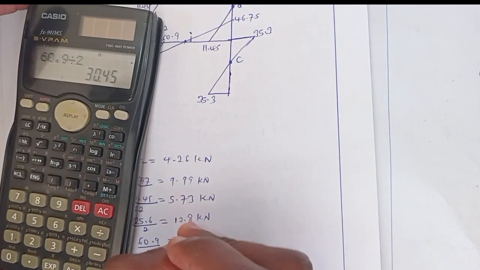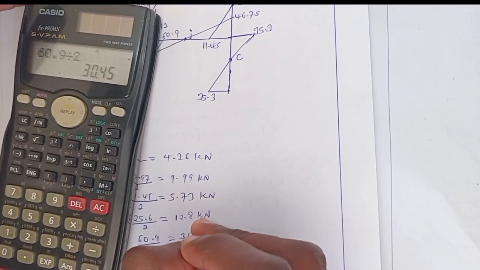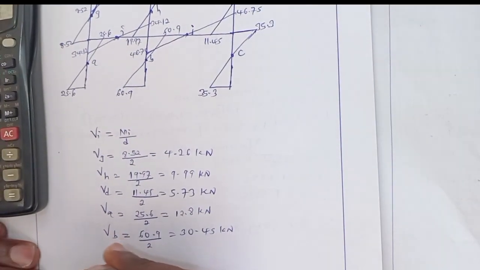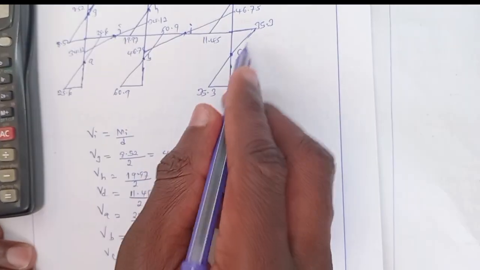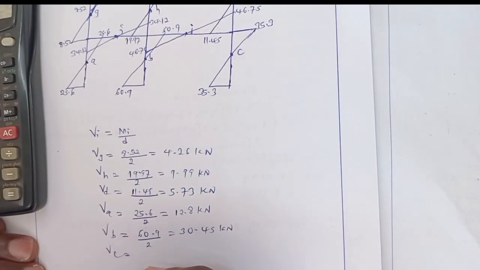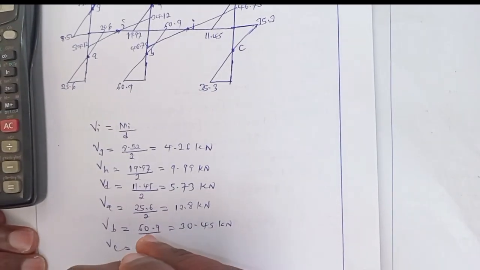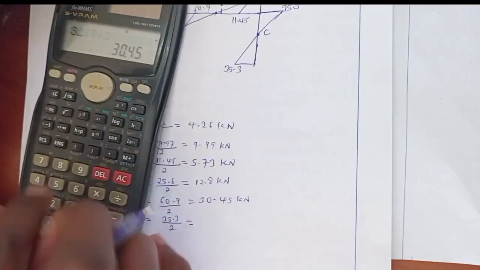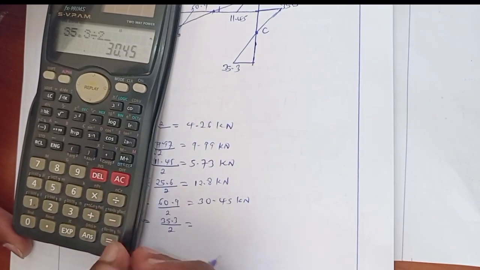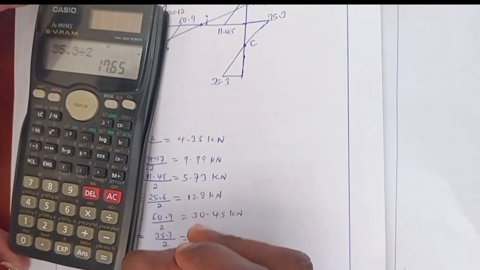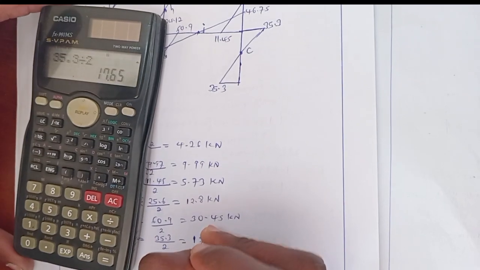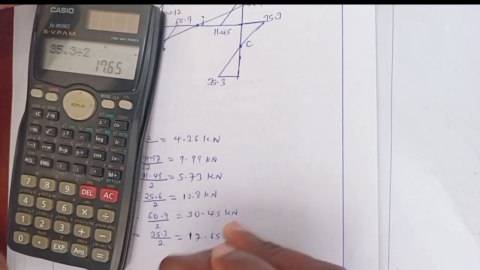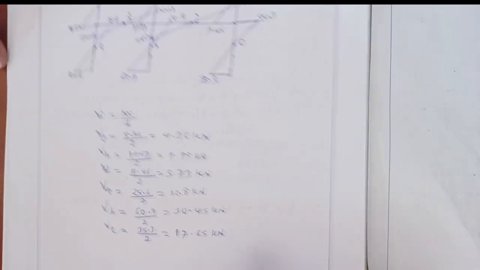It will be 30.45 kilonewton. VC also will be this moment divided by its distance, which is 2. 65.3 divided by 2 will be 17.65 kilonewton. All these are the shear forces of vertical members.